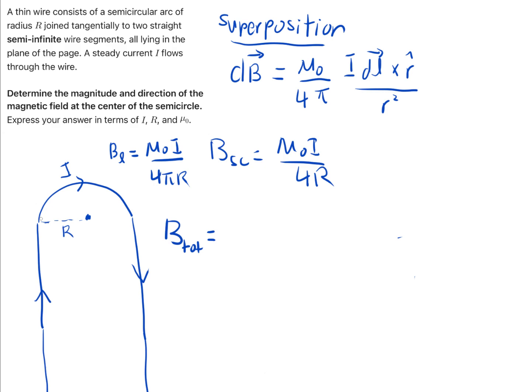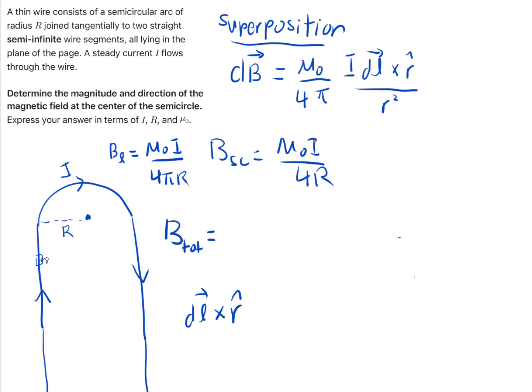So now, if we use the right-hand rule for this segment here, we can figure out the direction of the magnetic field. We can just use dl cross r, and we can pick any little current element here and figure out what direction the magnetic field is.